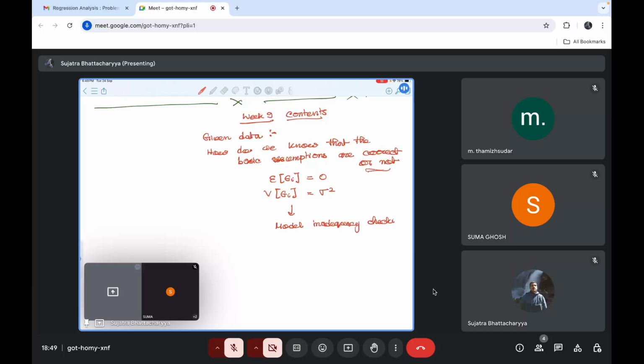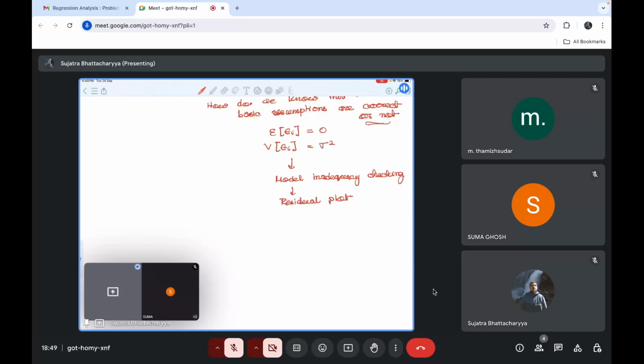This process we have gone through, where we have seen the hat matrix, then studentized residuals, and all those residual plots. To check this, we require residual plots. One of the important plots is the residual plot, through which we can understand many things.